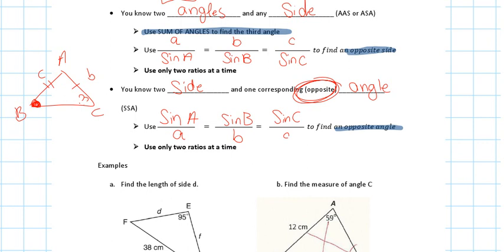In the case that I gave you, because I know B and I know C, I must use the B and the C part. So I'll use sine B over B equal to sine C over C. I know angle B, I know side B, I know side C. I'm looking for angle C. So these are the two sine law formulas that we use. It depends on the scenario that we have. Let's look at the examples.